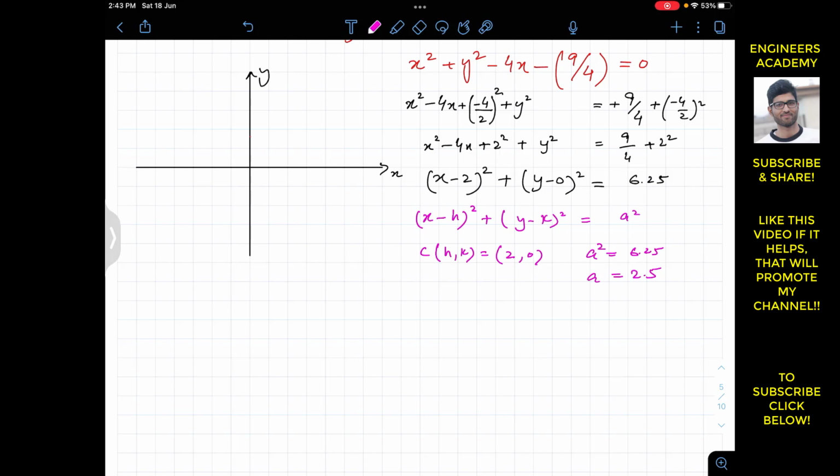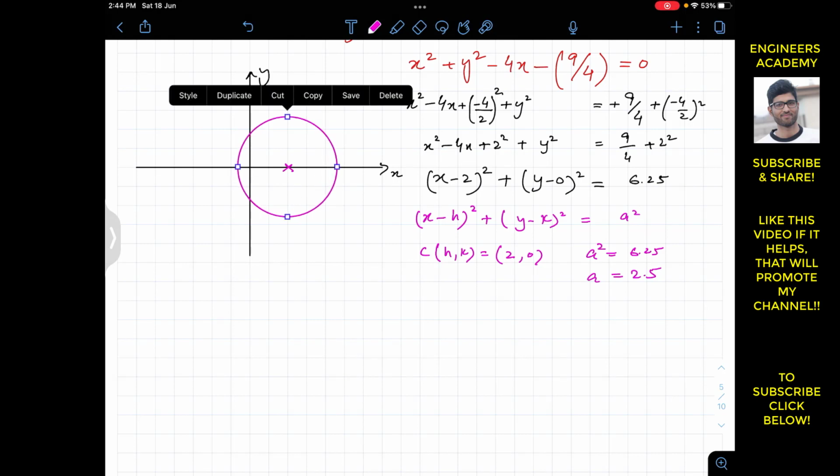Now the center is at 2, 0. So here we have that center, and the radius is 2.5. So 1, 2 and 2.5 somewhere here, and then 1, 2 and 2.5 somewhere here, and similarly on the other two sides as well. So we will have the circle like this.